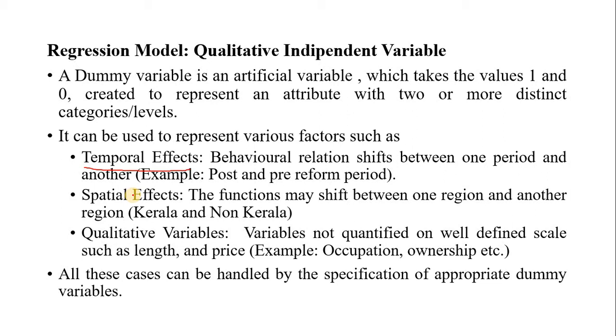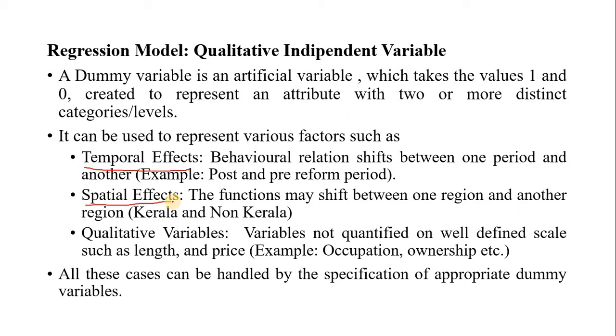So we can see that between the pre-reform and post-reform periods there is a shift in the relationship. If we want to incorporate this temporal effect on the relationship, we can use dummy variables.